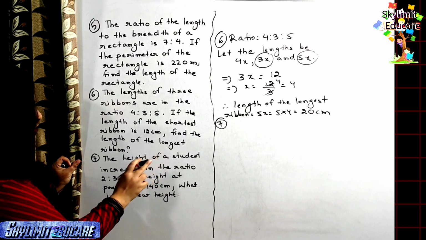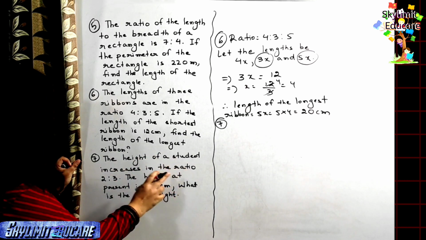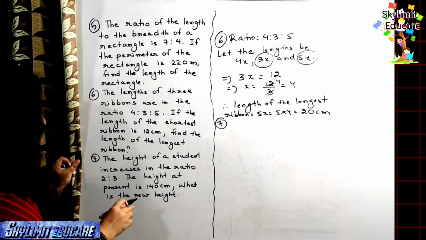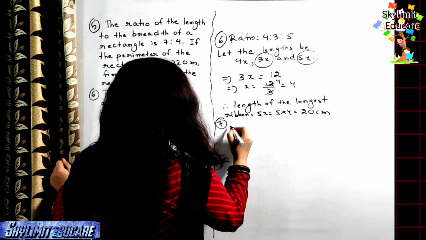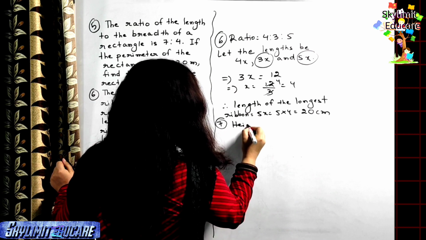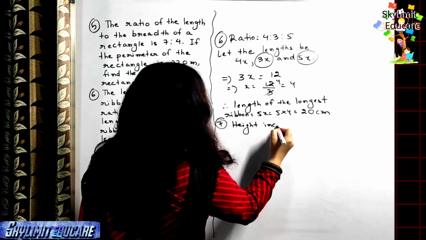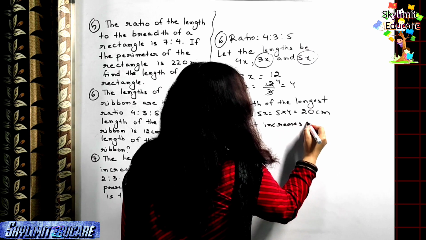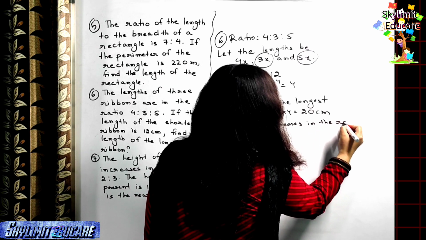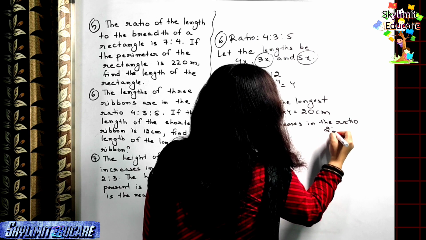The height of a student increases in the ratio 2:3.